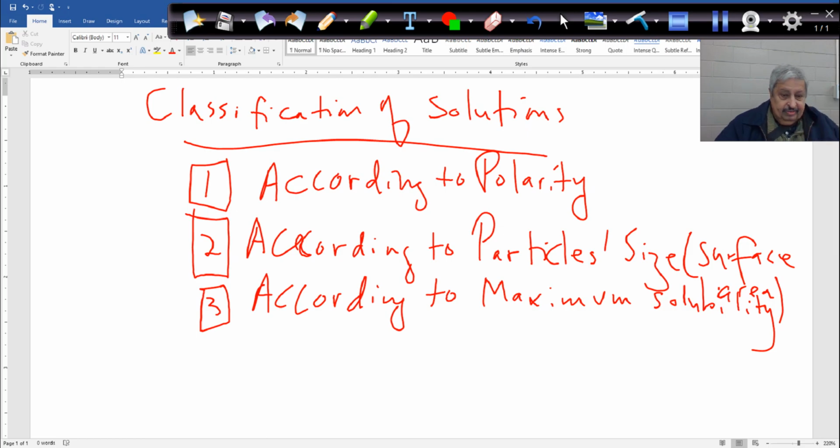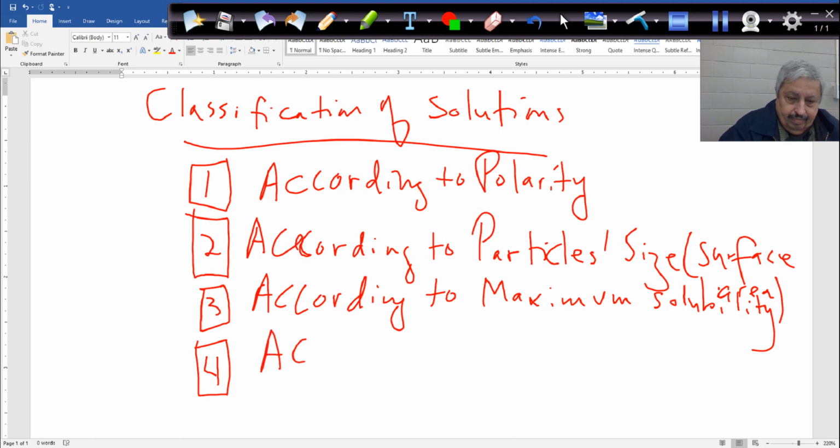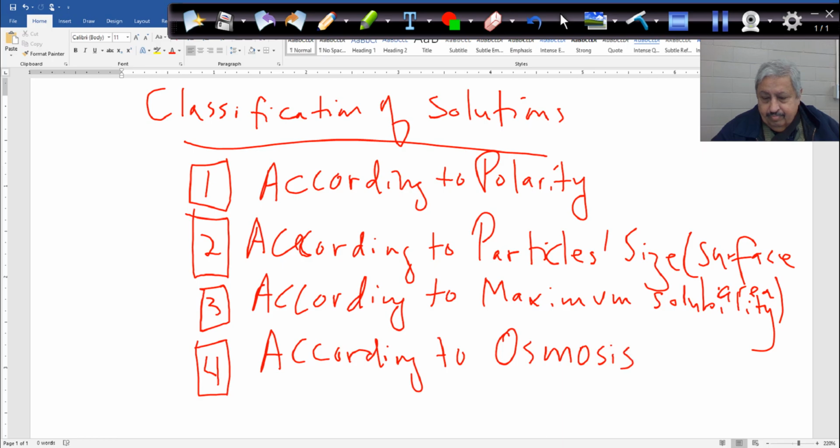Okay, guys. According to the maximum solubility, according to polarity, according to particle size. Number four, according to osmosis, and we maybe missed one.